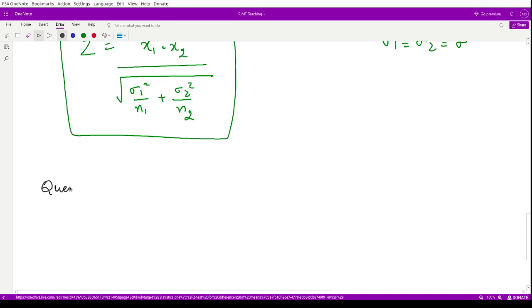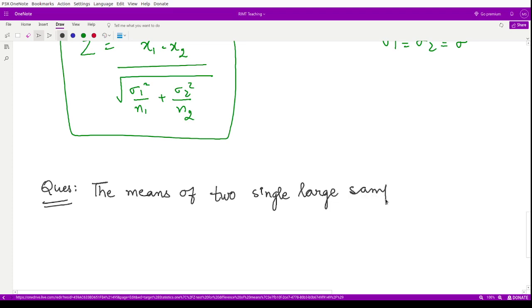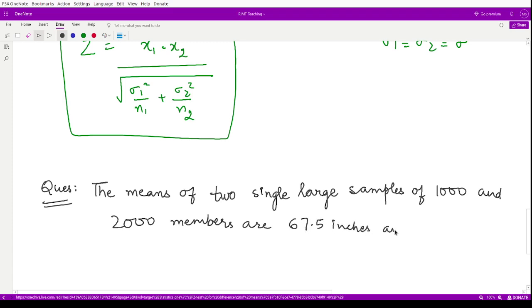The statement here is: the means of two large samples of 1000 and 2000 members are 67.5 inches and 68.0 inches respectively.